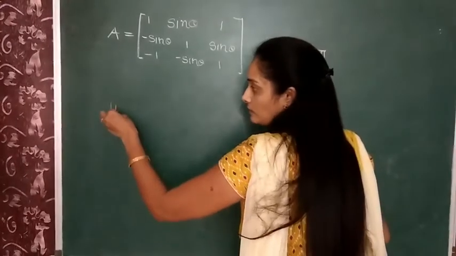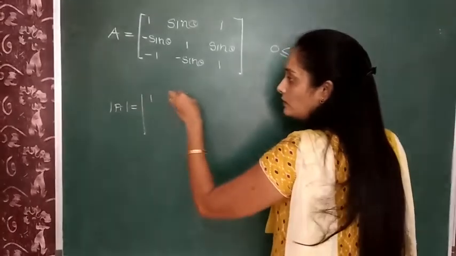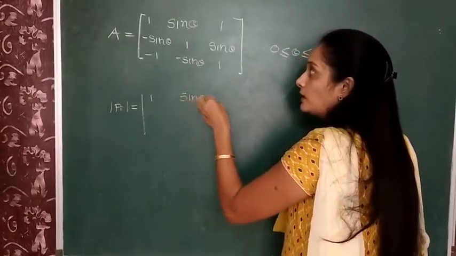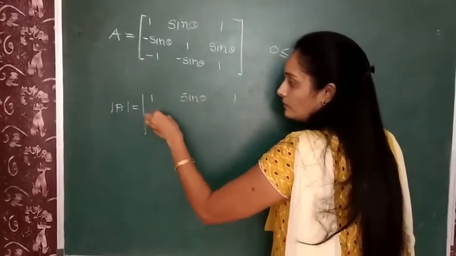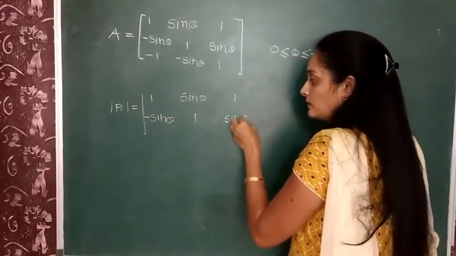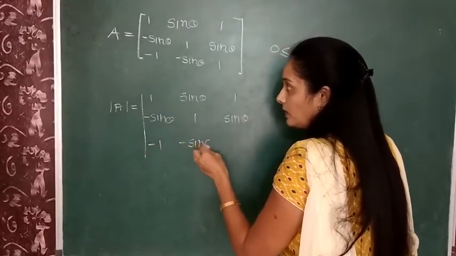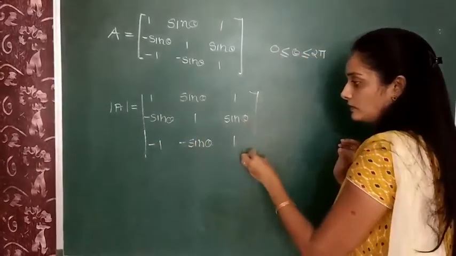First, determinant of A: 1, sin theta, 1; minus sin theta, 1, sin theta; minus 1, minus sin theta, 1.